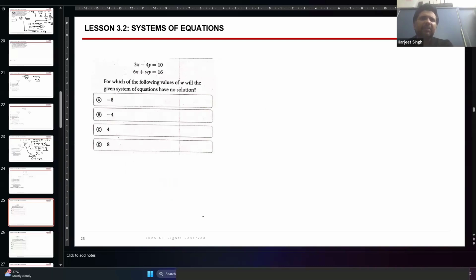All right, a different set of questions. We are given two equations here, and we have been asked for which of the following values of w will the given system of equations have no solution.